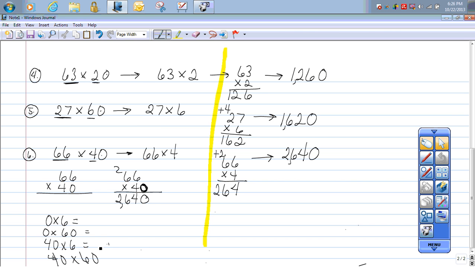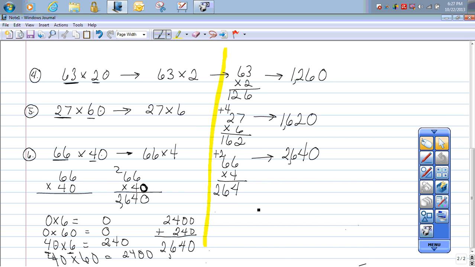So 0 times 6 is 0. 0 times 60 is 0. 4 times 6, if we do the basic math, that's 24. We place our 0. And then 4 times 6 is 24. And place our 2 zeros. Now I'm going to rewrite these numbers so that I can add them up. And we come up with the same answer.